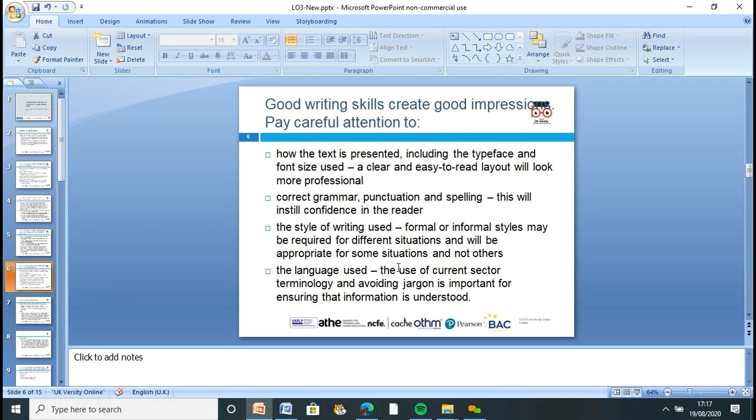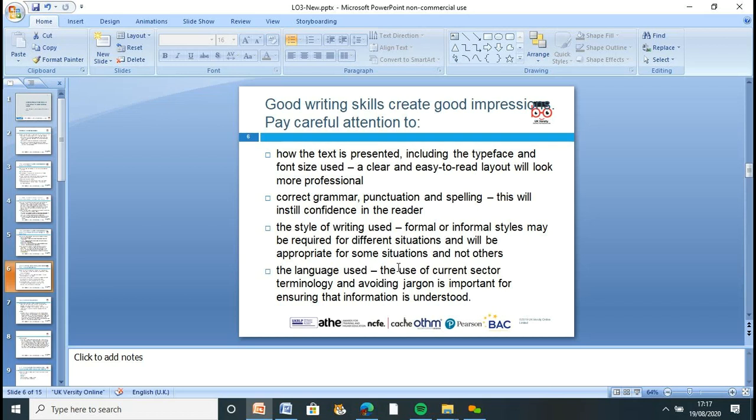You've got to make sure of how the text is presented. So you're going to check what typeface you're using, what font size, is it clear, is it easy to look at? You don't want to start putting in fancy italics or fancy fonts. Just keep it as simple and clear so that everybody can understand it. Don't start making it all curly and everything.